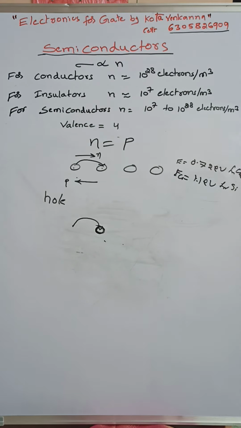Similarly, when the temperature increases, a new electron hole pair is generated and another electron hole pair disappears. For carbon the atomic number is 6, for silicon 14, and for germanium 32. These are the bits covered in GATE. This is also very useful for IES, Indian Engineering Services, and GATE.